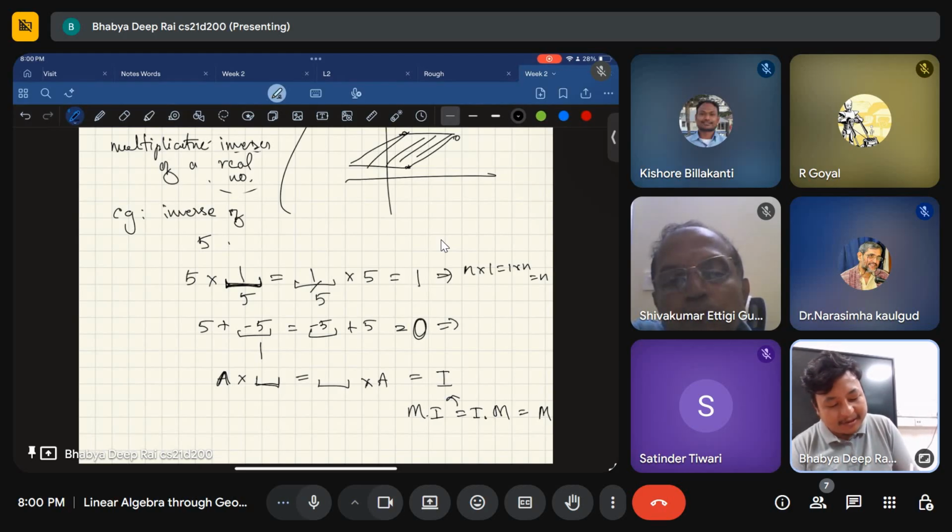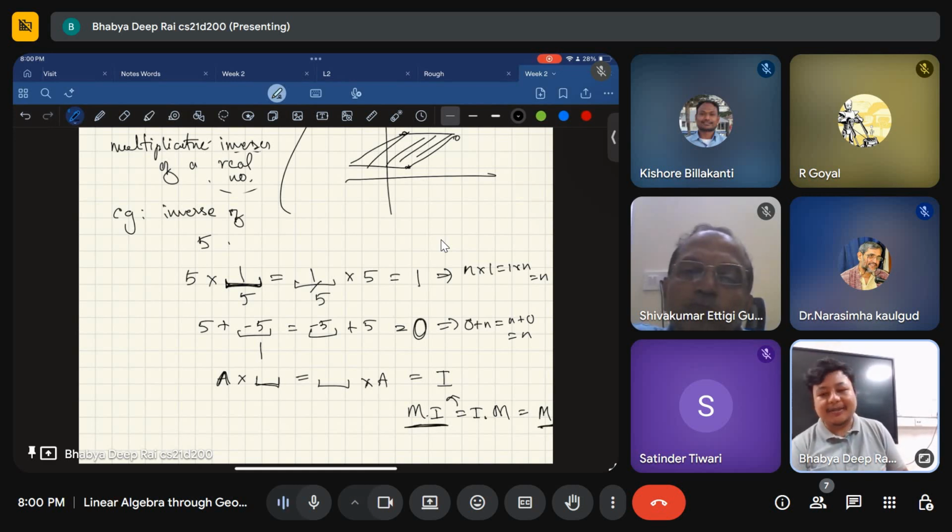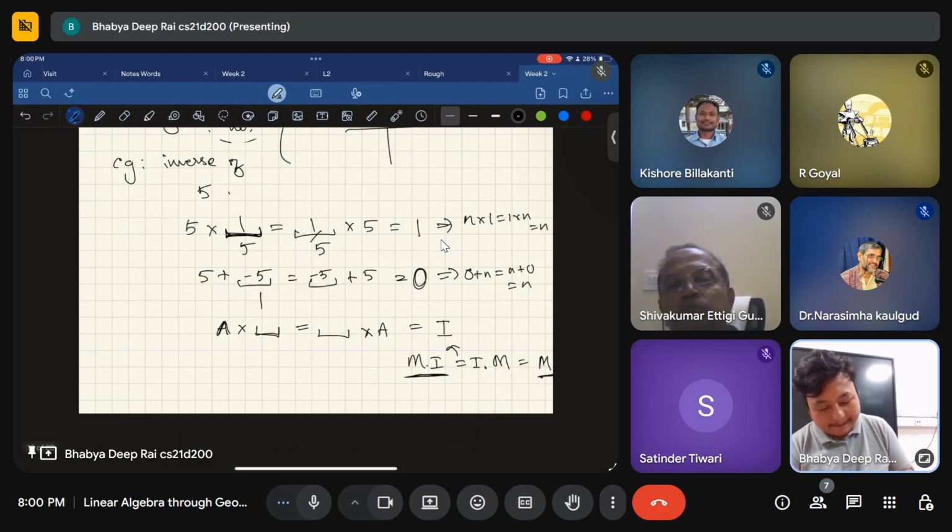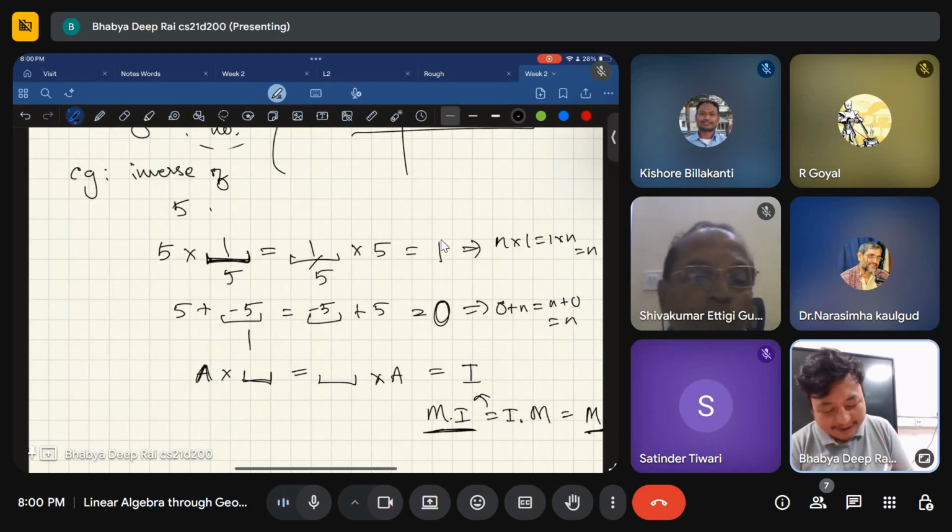Similarly here, no matter what I add to a number, I'll get the original number. Similarly, the identity matrix has this property that no matter what matrix I multiply it with, I get the same matrix. Now the question is, what is that special matrix that does this? And that is what is called the inverse.